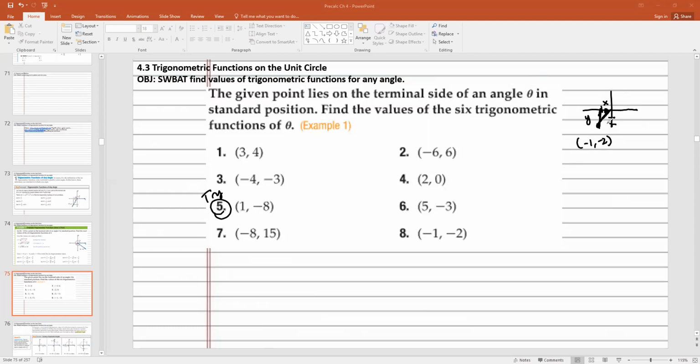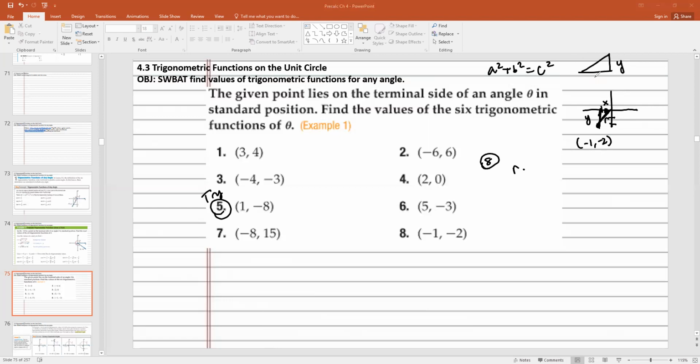But we have to find the hypotenuse. This is how to find r. r is going to be your hypotenuse. So for number 8, first find r. Remember the Pythagorean theorem, a squared plus b squared equals c squared.